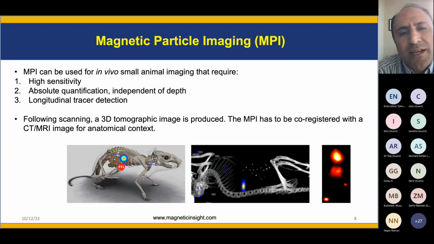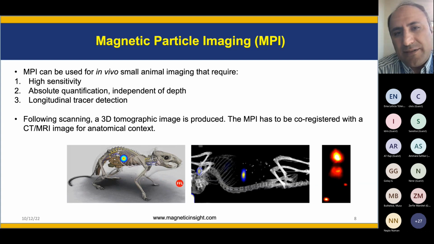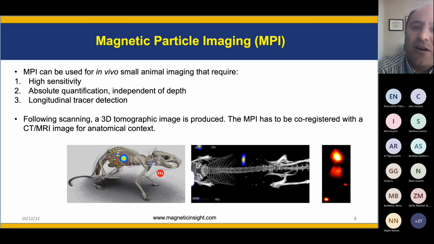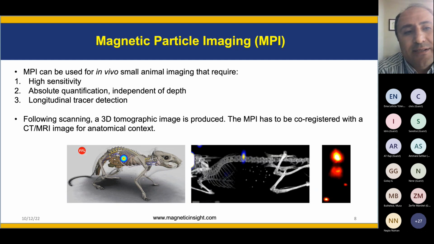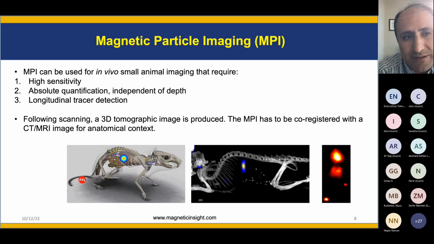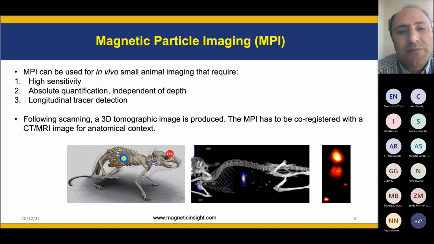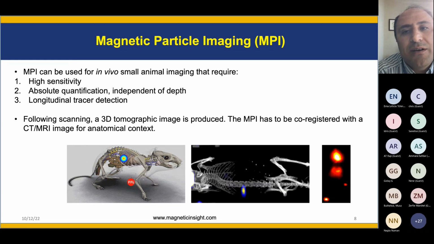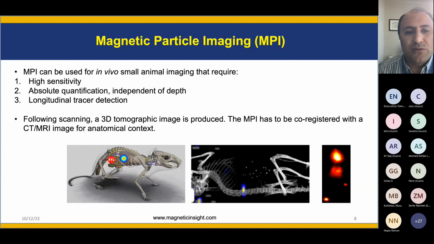So what are the benefits of MPI over MRI? I can address this question like this. With MPI, we have high sensitivity, much higher than MRI. The sensitivity depends on the parameters that we use for imaging. And the benefit of MPI over MRI is that we can do absolute quantification.